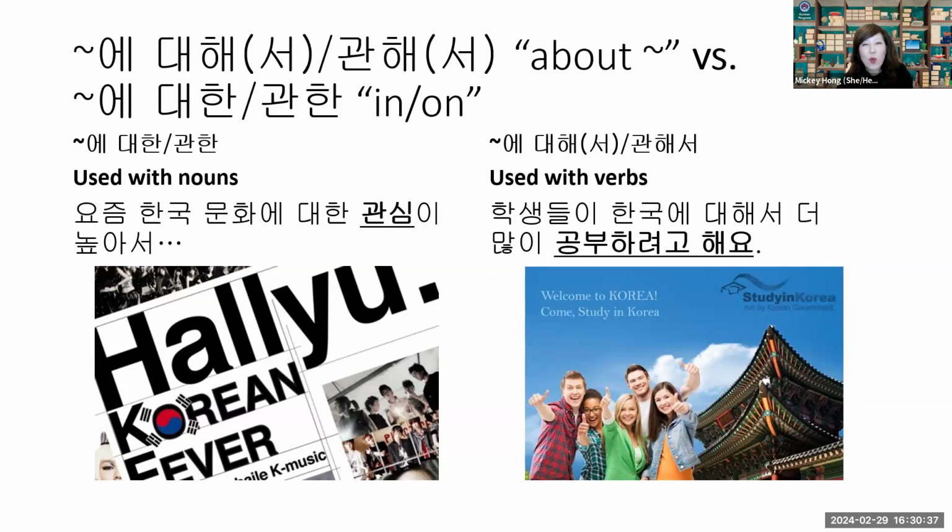So that is why the students want to study more about Korea. Okay, so 대해서 공부하다. 대해서 you use with verbs. To do something about something is 대해서. About something is 대한 or 관한.